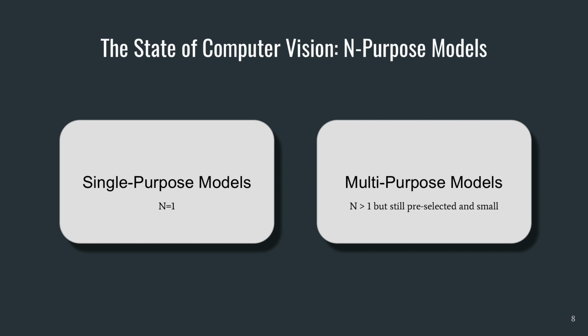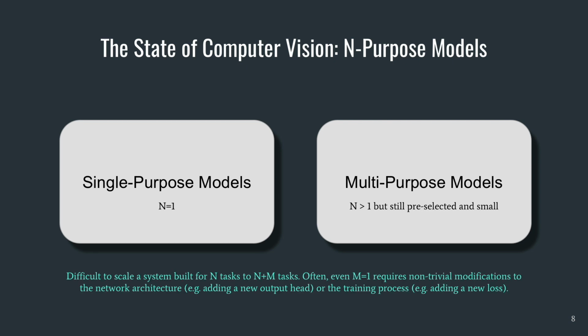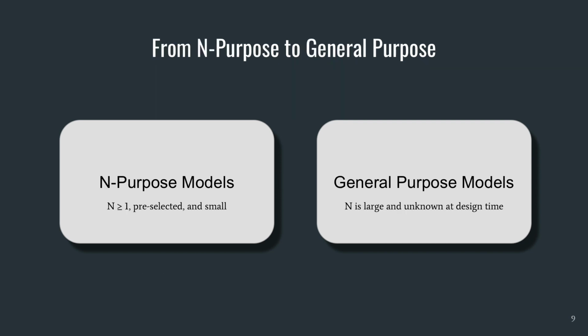N equals 1 for single-purpose models, and n greater than 1, but still pre-selected and small, prior to model and learning algorithm design for multi-purpose models. This makes it difficult to scale systems built for n tasks to m new tasks. Often, even adding one new task requires non-trivial modifications to the network architecture or the training process.